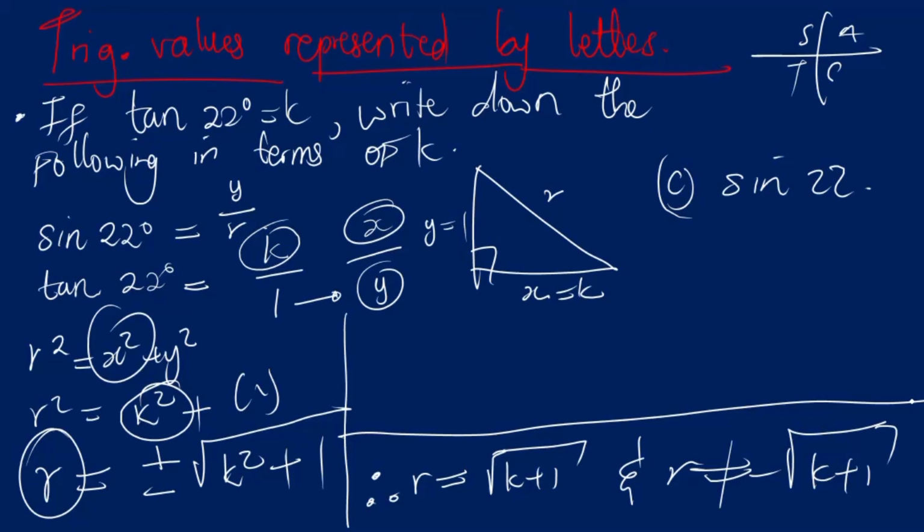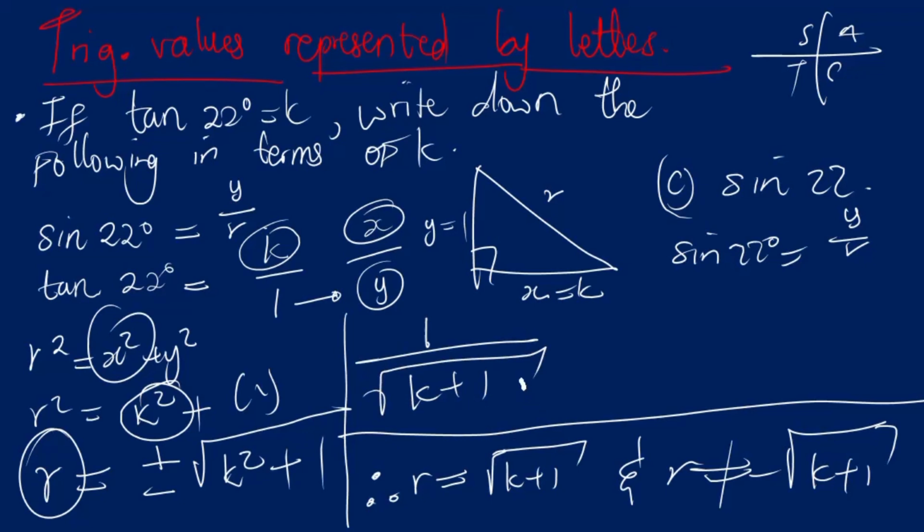All set? So the sine of 22 is equal to y over r. What is y? Our y is 1. And what is our r? This is our r. Beautiful, guys.